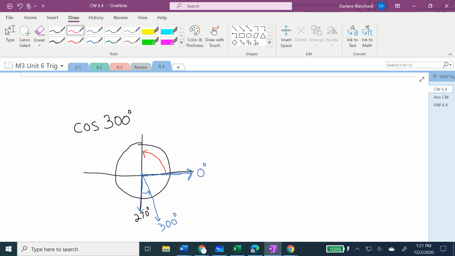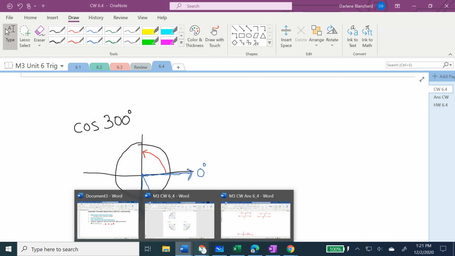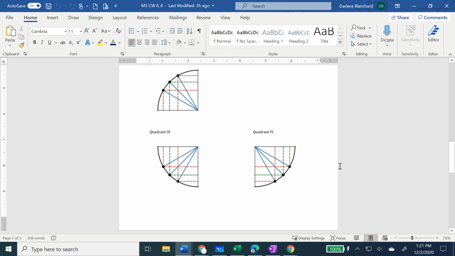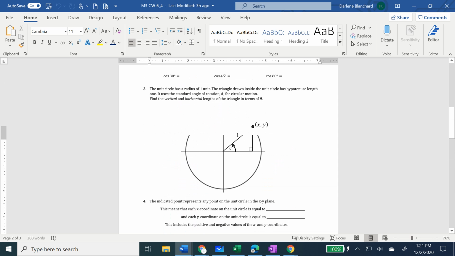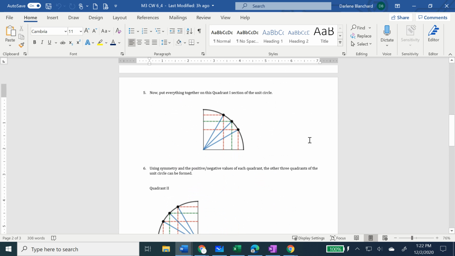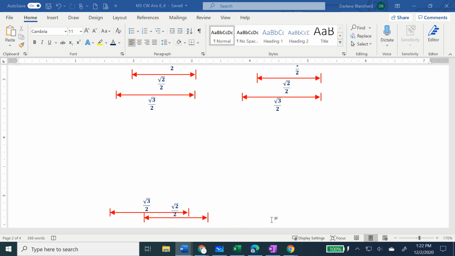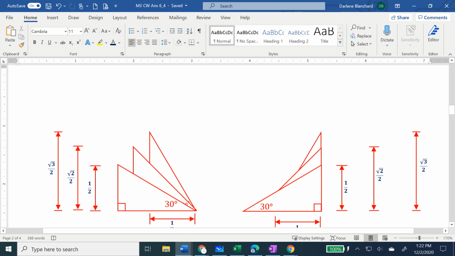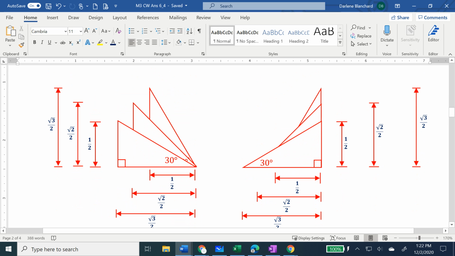And we took these triangles, and what I'm trying to do here is show you that in all 4 quadrants, it's these same special right triangles, just rotated or flipped around a little bit differently.